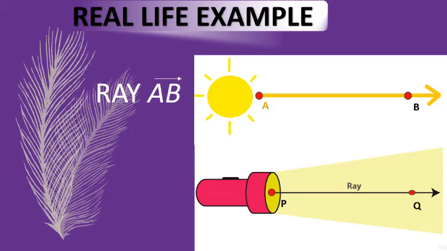You can see here the initial point is A only, because the rays coming from the sun start from the initial point A, and the rays from the torch start from initial point P. So I have written ray PQ with a tiny ray over it. Either you can name it ray AB, or you can use a tiny ray symbol over AB or over PQ. Right? I hope you have understood.